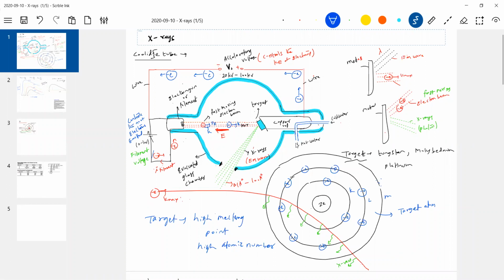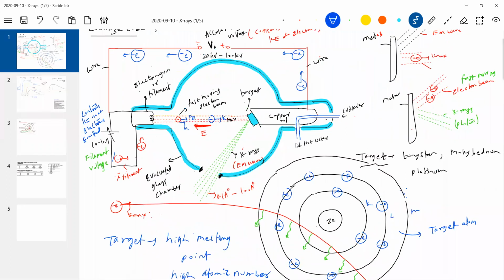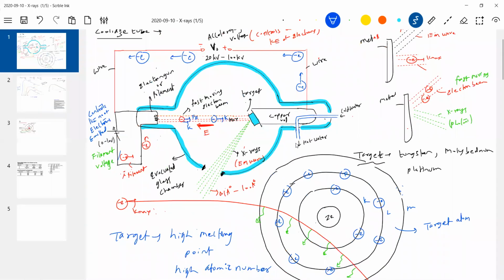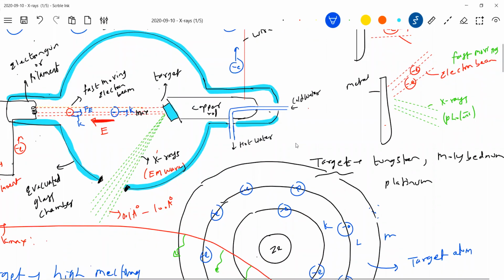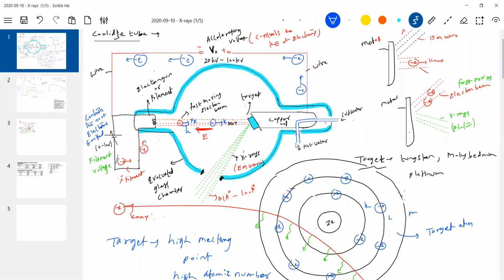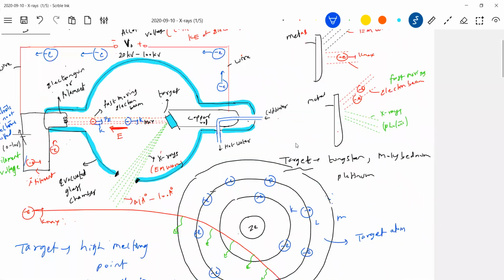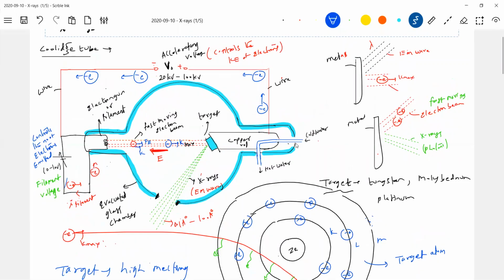I'll magnify it because once we discuss this, it will be easy for you. See, these electrons will propagate like this and enter the Coolidge tube. I have shown red and blue color. This is very important: the same electron only.